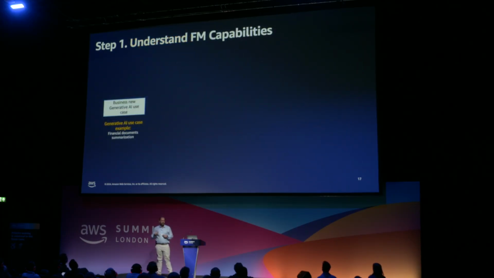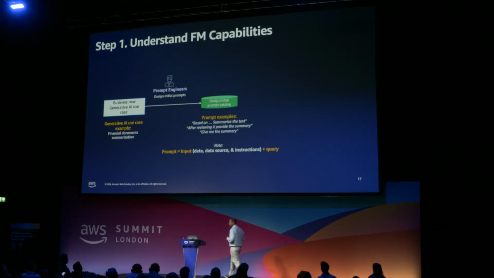Okay. But now we have created the table that the whole business can look at, to see all the capabilities of the top models in the market, and a new use case arrives. For example, the financial document summarization that I have here. What is the initial process?